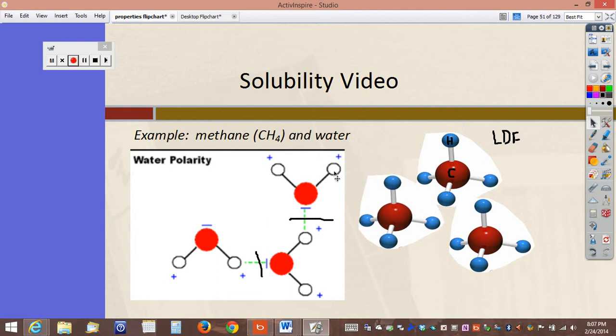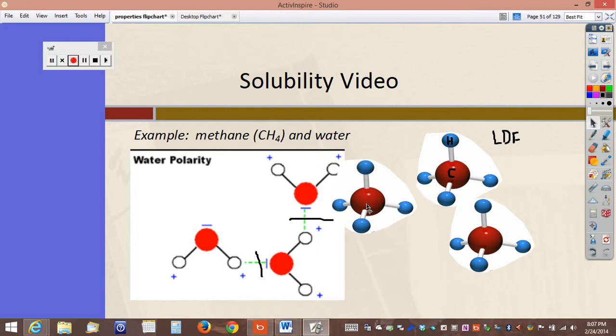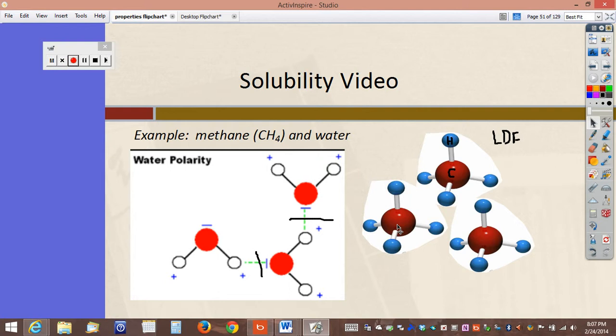The water is much more likely to go back again with the original water than it is to go with the methane, because the methane doesn't have a permanent positive and negative side. The water does. So in this case, the attractive force from methane to water is not great enough to overcome the energy needed to break these attractive forces, and methane won't dissolve.